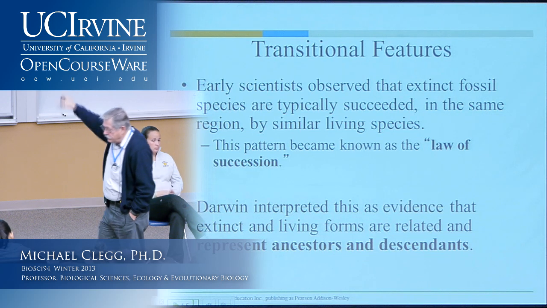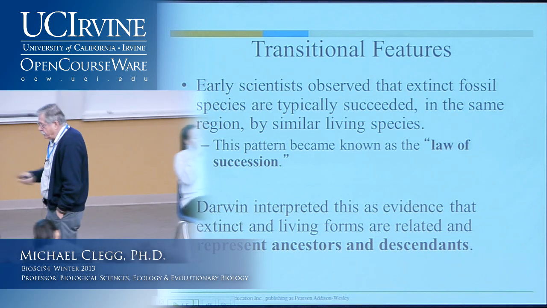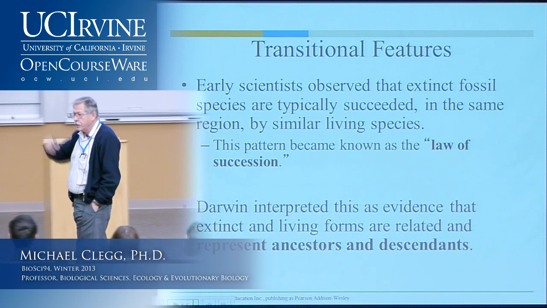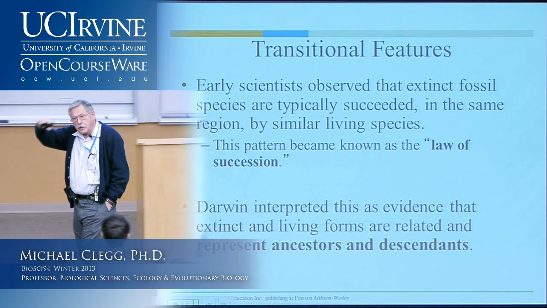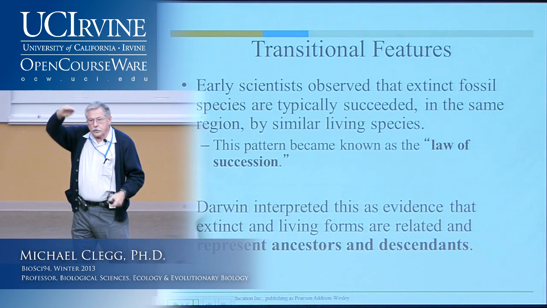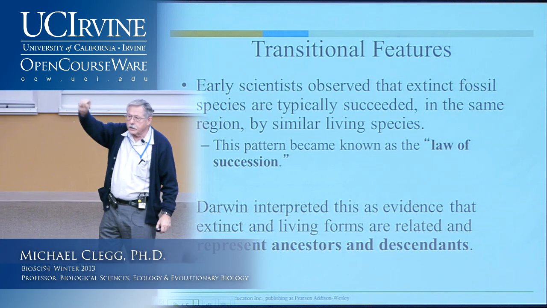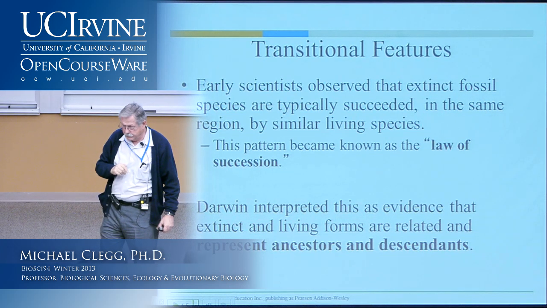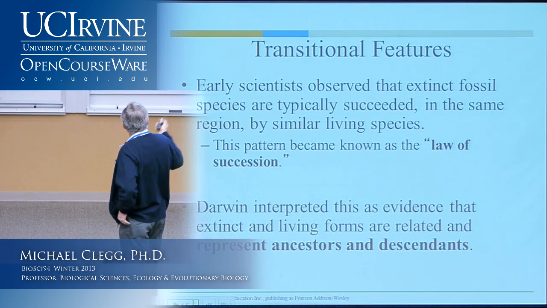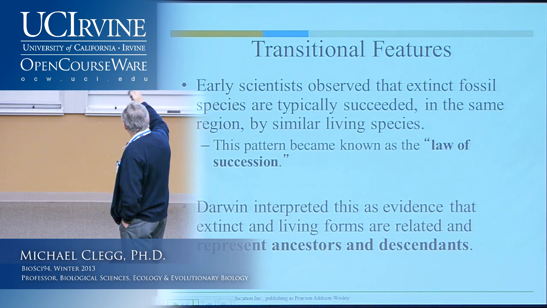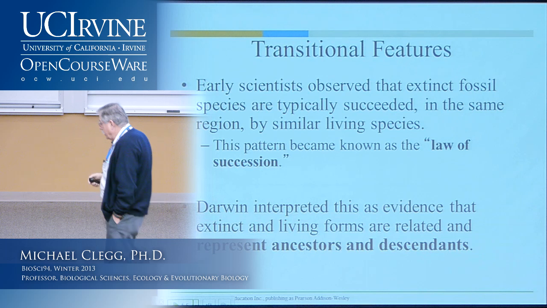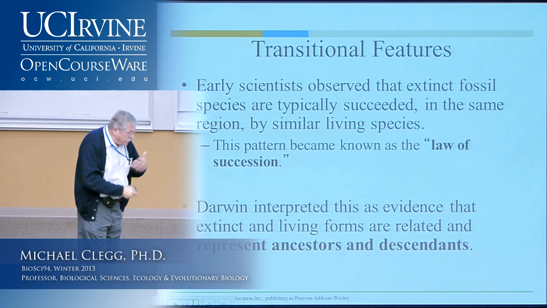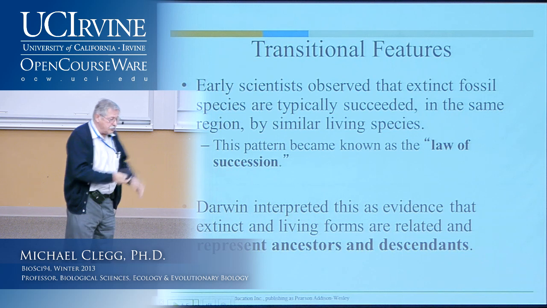But one of the things observed in studies of the fossil record are what are called transitional series, and these are series of older to more recent organisms which clearly are connected by descent. And so they represent evidence of a common descent through time.